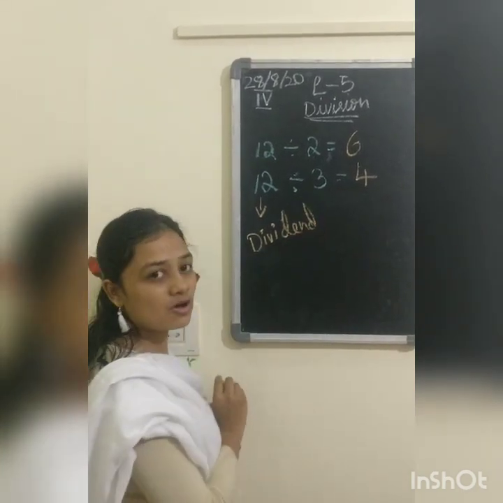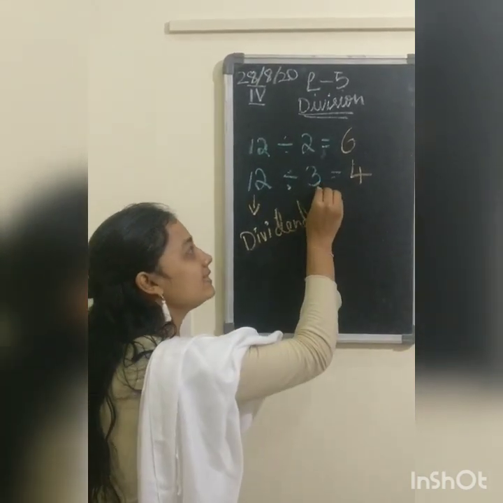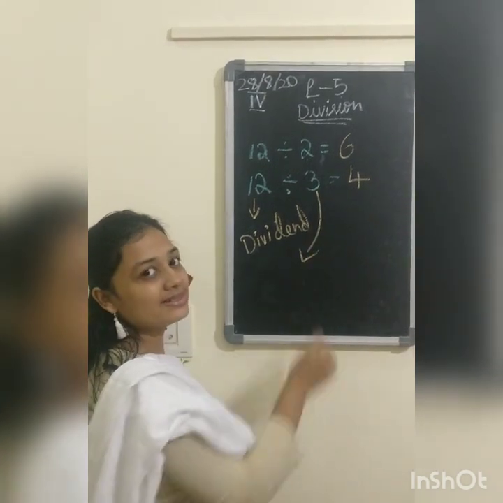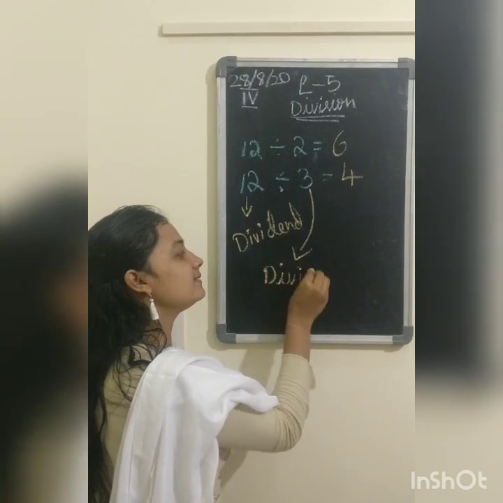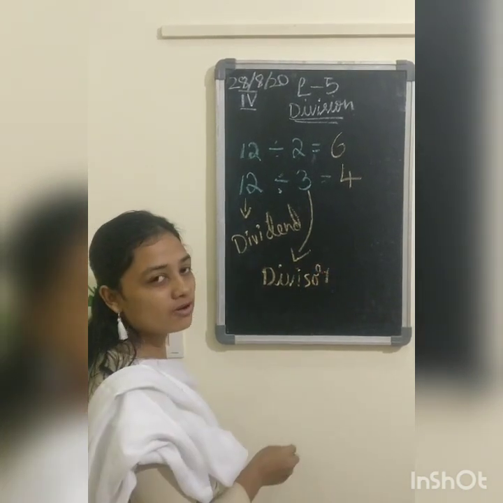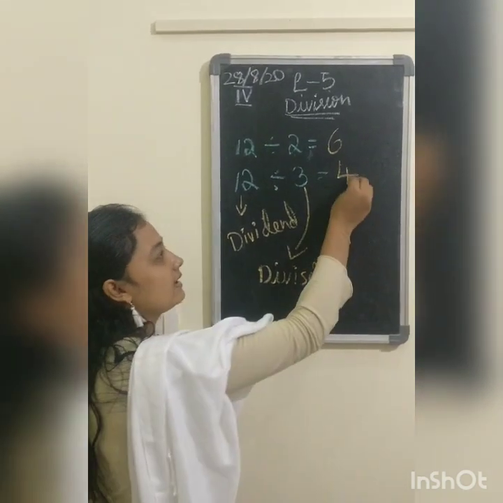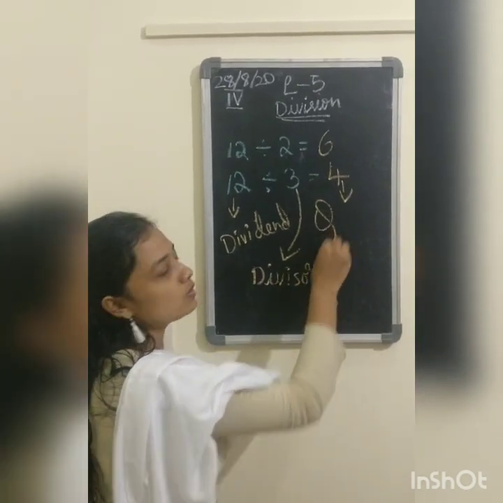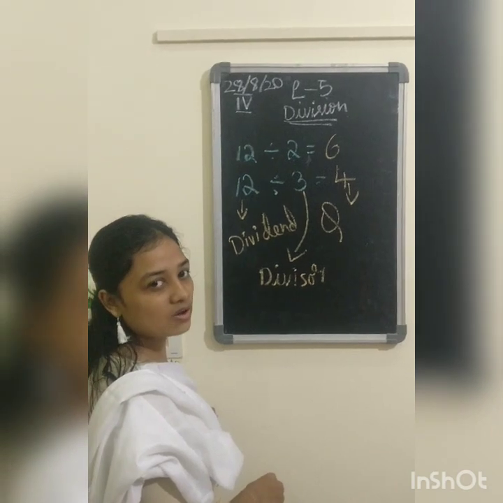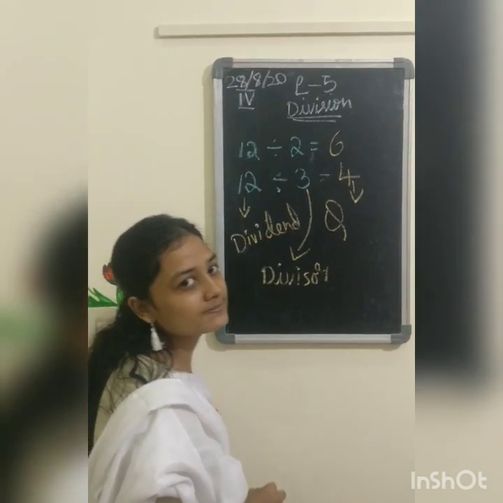And the number of persons, that's the second number, is called divisor. The second number is called divisor. And what is this answer called? Answer is called quotient. The answer is called quotient.